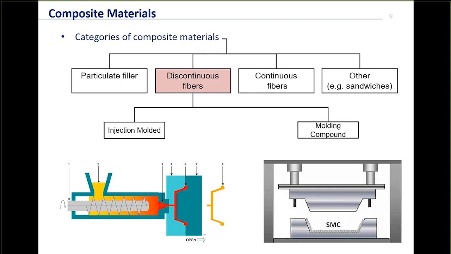There's another class of material, though, with longer fibres, typically 25 or 30 millimeters. The fibres are commonly glass, but increasingly chopped carbon fibre tows are also used, and these are embedded in a thermosetting matrix, usually, such as a polyester resin or epoxy. So this type of material, you may have heard of sheet moulding compound or bulk moulding compound.